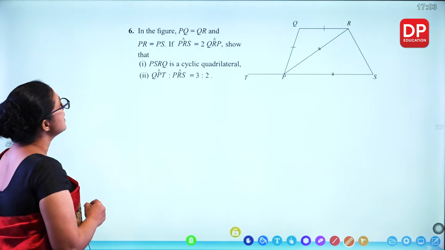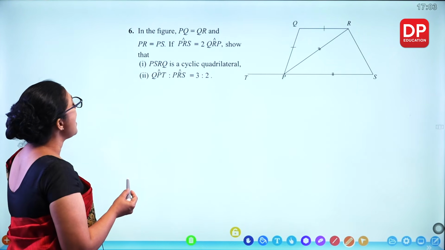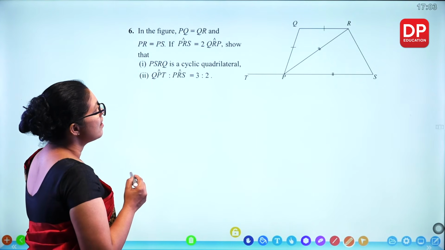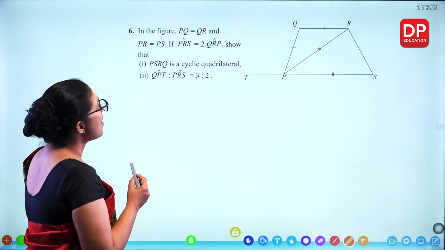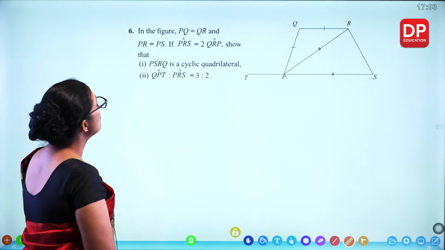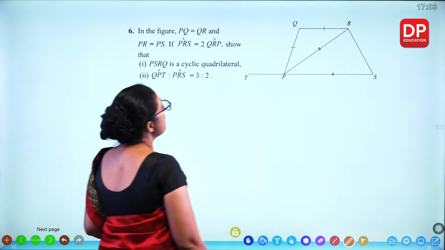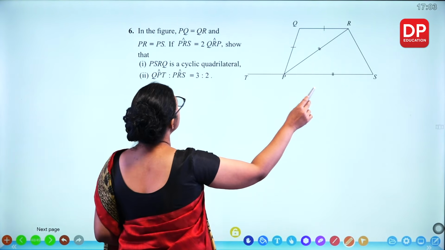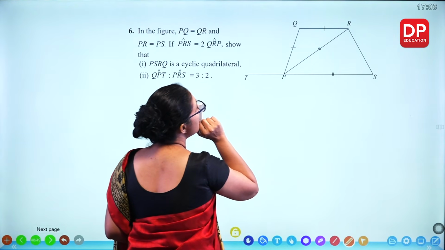Question number 6. In the figure, PQ is equal to QR and PR is equal to PS. If PRS is 2 QRP, PRS is 2 QRP.